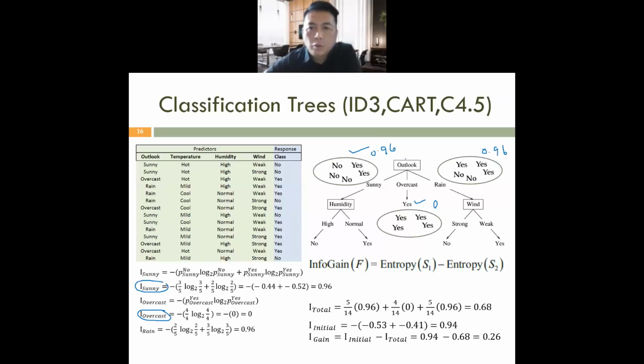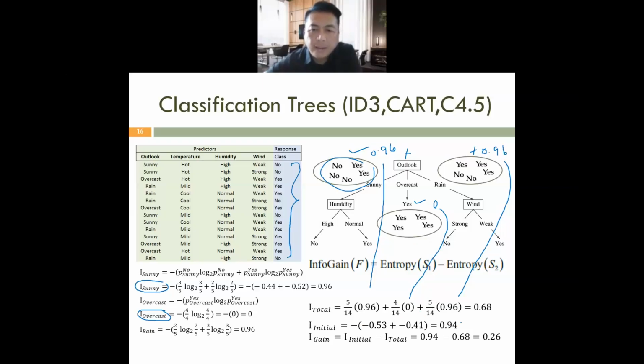To combine all these three, we have to use the weightage. This one is coming from here, this one coming here, and this value coming here. Because we have 5 items here, and the total items here, we have 14. So we put 5 over 14, over here is 4 over 14, 5 over 14.